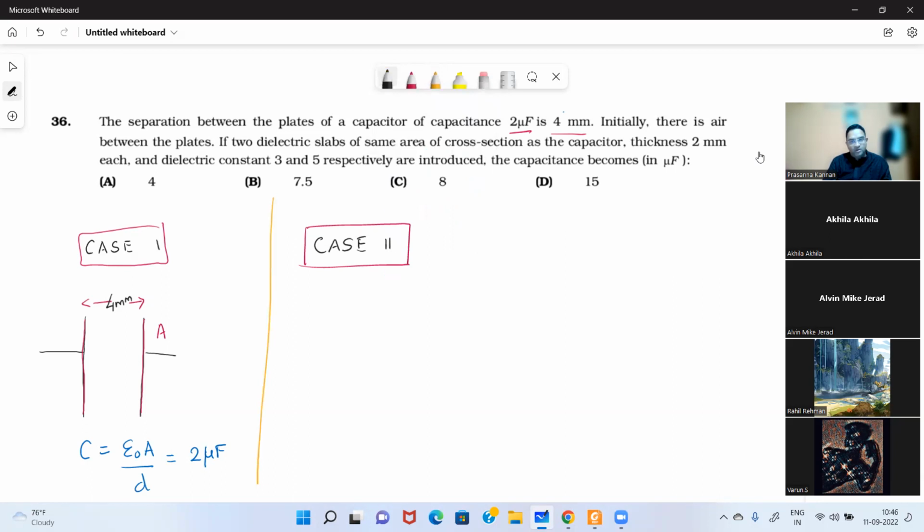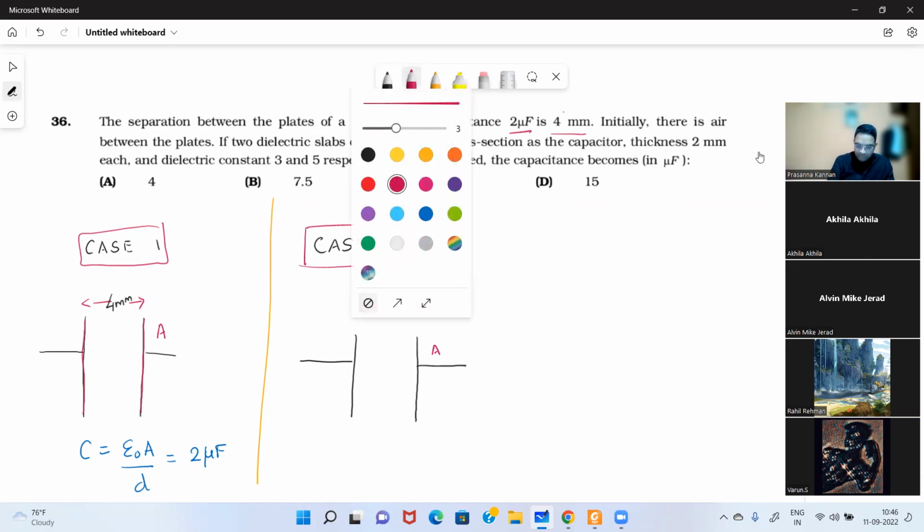Now in the second case, what are we doing? We have the same capacitor with the same distance of separation of 4 millimeter and the same area of cross section A. But what you are going to have is not air in between, and not one dielectric, but two dielectric slabs.